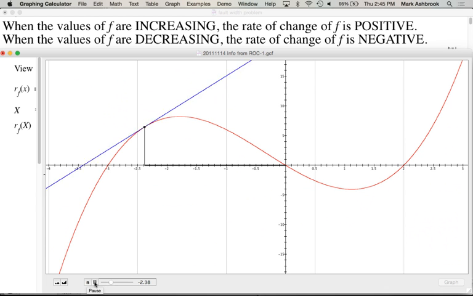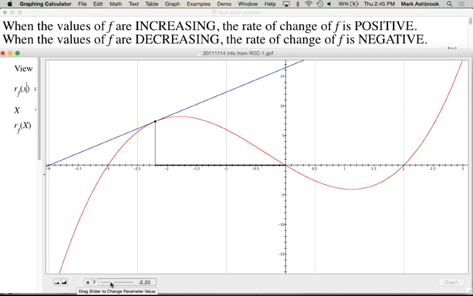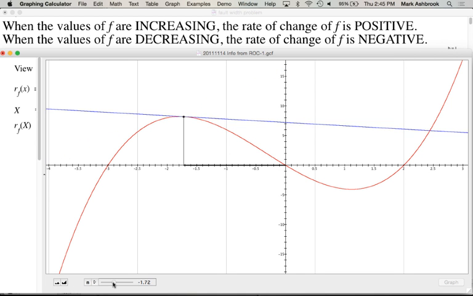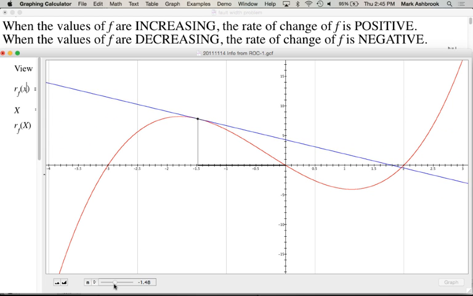Okay, now, through here, is the rate increasing or decreasing? The rate we can visualize by this blue tangent line, right? Decreasing. What about the rate now? Still decreasing.